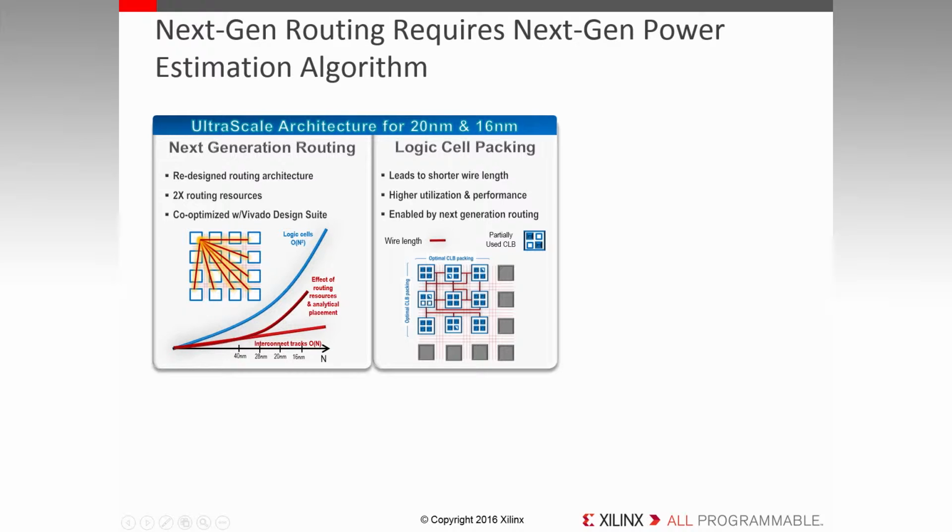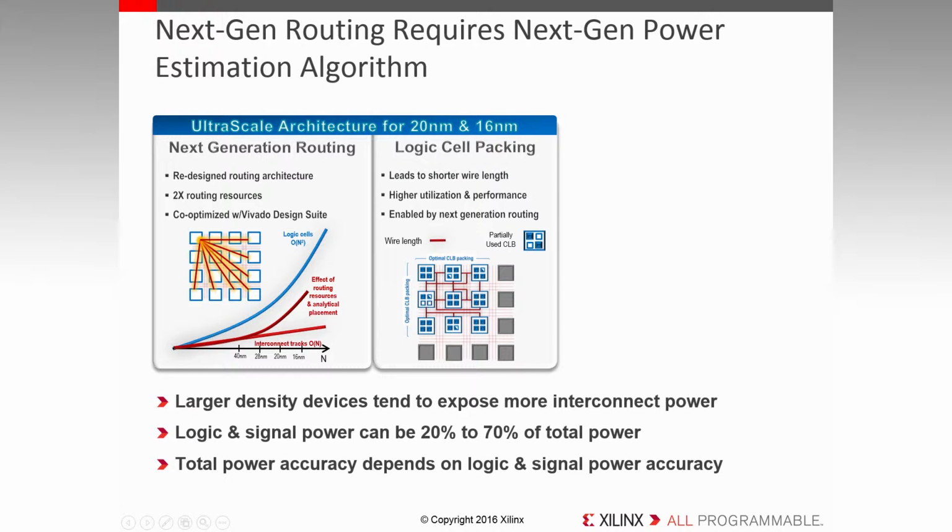Collectively, these core innovations are what enable devices built on the UltraScale architecture to deliver extremely high utilization while maintaining maximum performance. Accurate power estimation is very crucial as power is now the number one constraint for many designs.